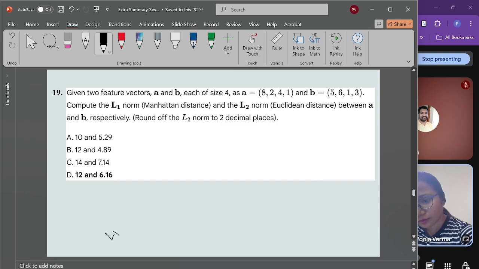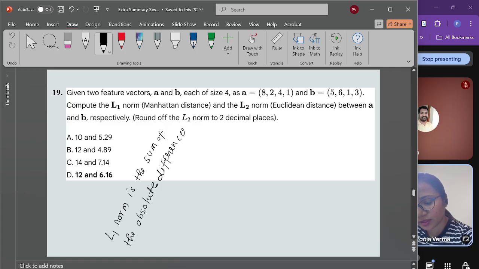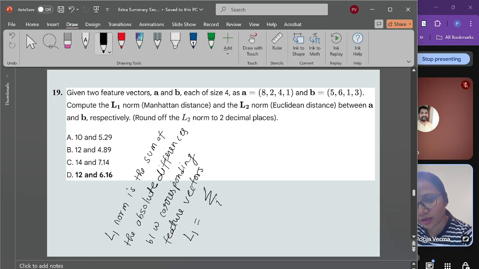So the L1 norm is calculated as the sum of the absolute differences between the corresponding feature vector elements. So L1 is the summation of ai minus bi.